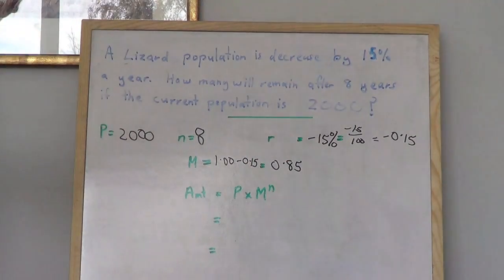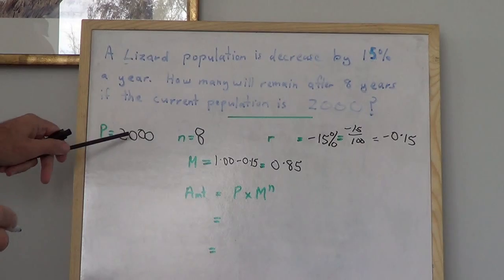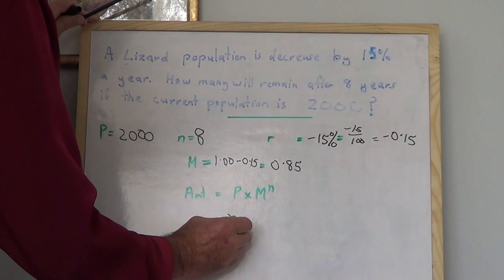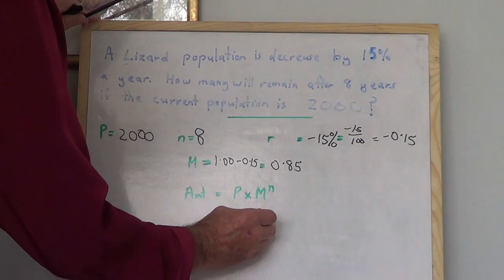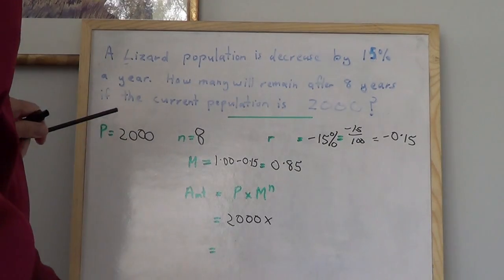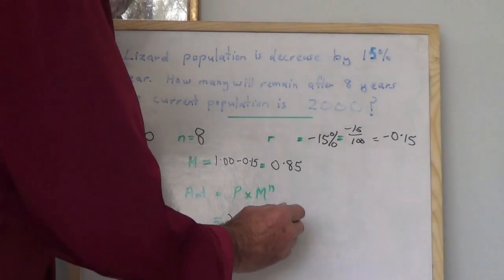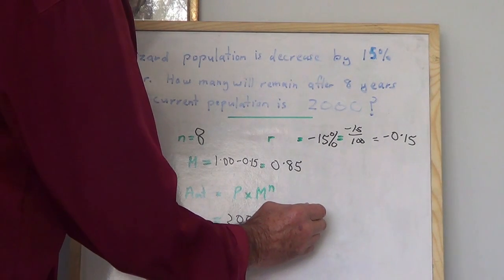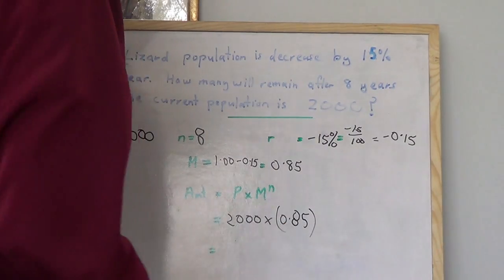So there's the formula. There's P there. Put in 2,000 times M, which is 0.85, to the power of 8.